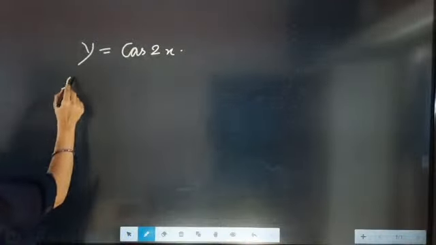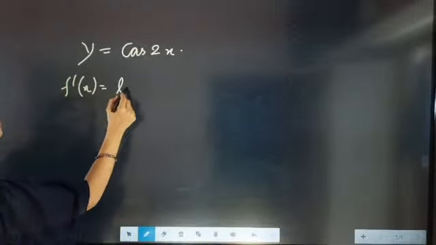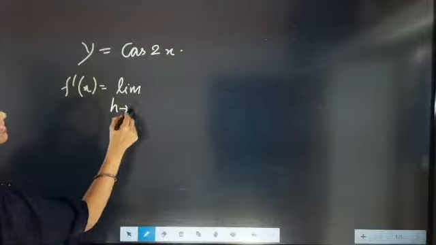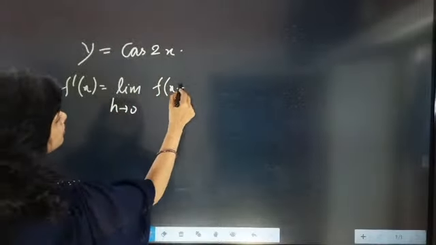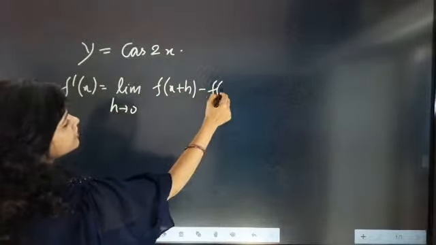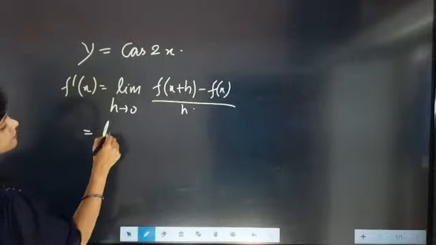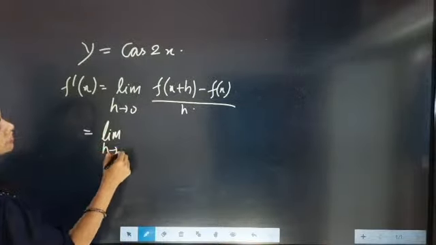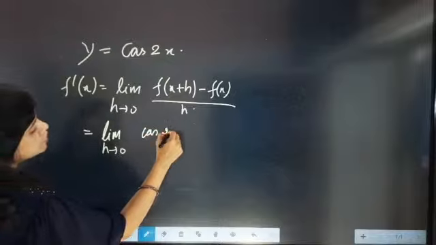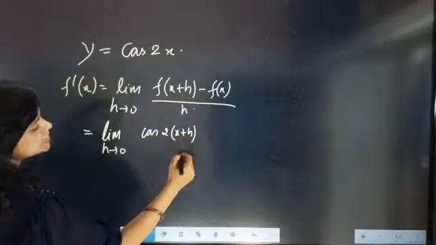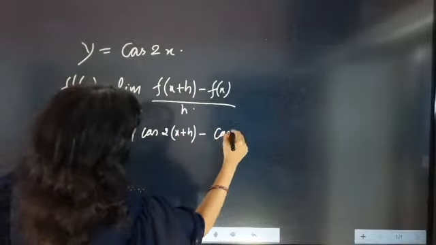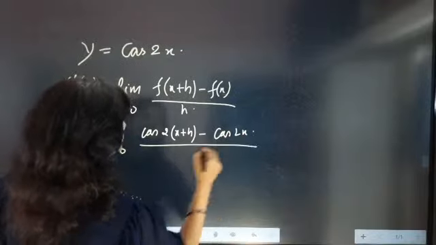It is going to be f dash x equal to limit h tends to 0, f of x plus h minus f of x by h. So this one will become limit h tends to 0, cos of 2 times x plus h minus cos 2x, by h.